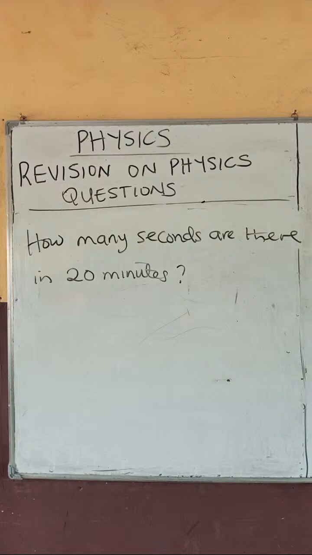How many people worked it out? All right. Faiza 1,200. Victoria 1,200. David 1,200 seconds.